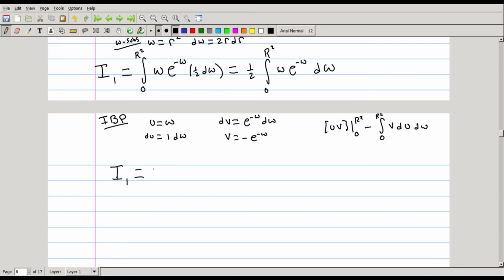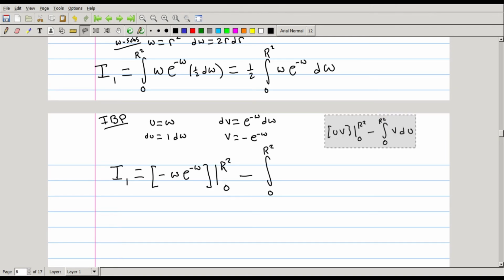This will give us the value negative u times v, which is negative e to the negative w times w, evaluated from 0 to r squared. And the next part is the integral from 0 to r squared of v du, which is going to be the integral from 0 to r squared of negative e to the negative w, where du is just 1 dw, which is dw.